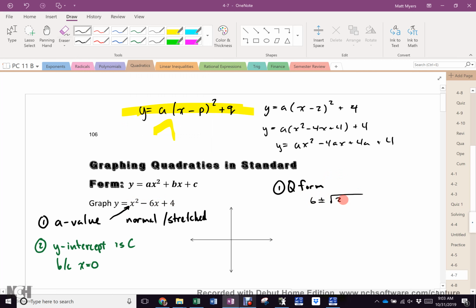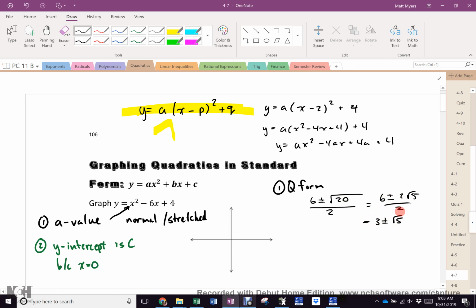So that would be 6 plus or minus the root of 20, over 2. Everyone agree? Then I would simplify it to get 6 plus or minus, that's 4 times 5, yeah? 2 root 5 over 2. And then what would I do with all these coefficients? Simplify to get 3 plus or minus root 5. Does everyone agree? So that would get me the roots.